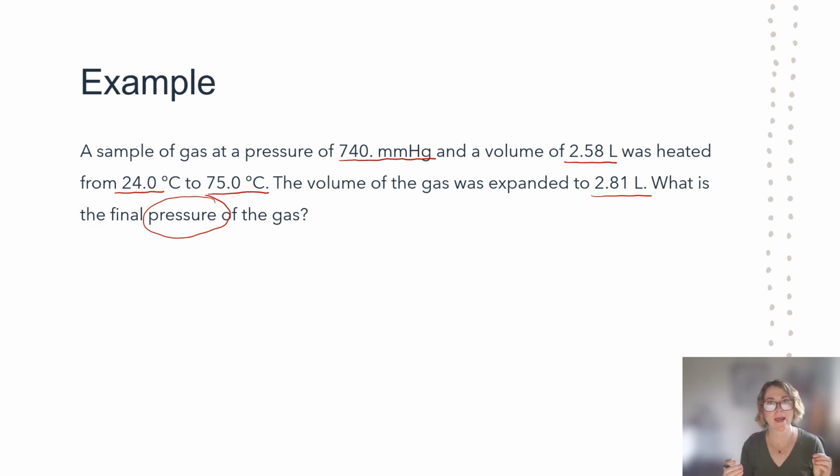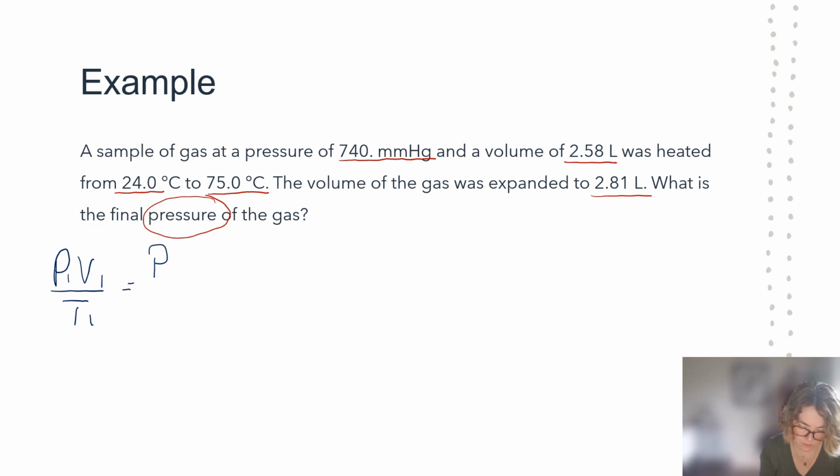Because I have changing conditions and I have all three of those, I know I'm dealing with the combined gas law. Let's write out our equation: P1 V1 over T1 is equal to P2 V2 over T2.